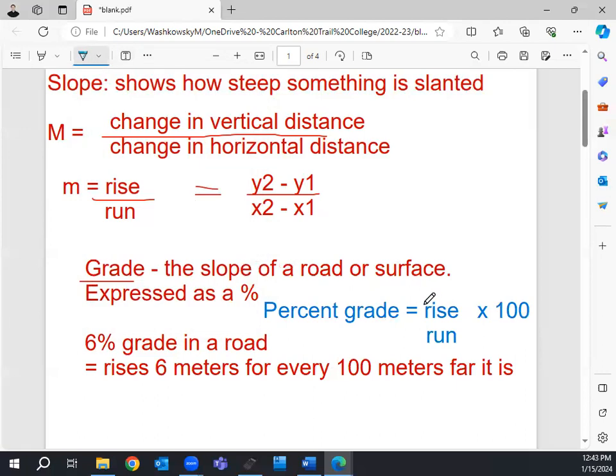So I'm just using the blue here to kind of show this. The rise over run times 100, right? It's turning the decimal into a percentage is really what that is.